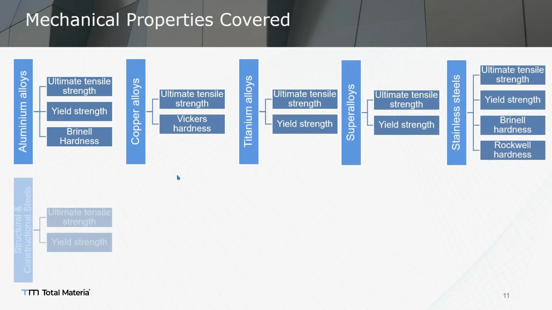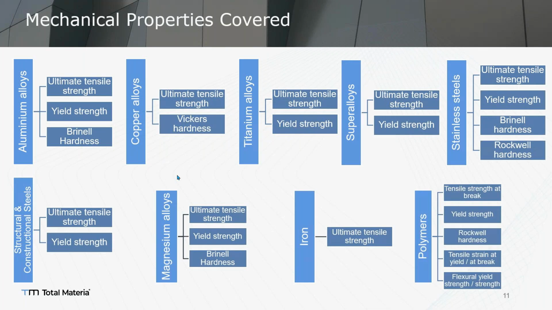So it's again depending on the data that we have in Horizon. So for polymers, we cover 5 properties. Stainless steel, you could see we cover 4, but we try to classify them at all times. If there's a specific material group that you need or that you're working with and that we don't have in our list, please let us know. We would love to take that back as feedback to our technical team.